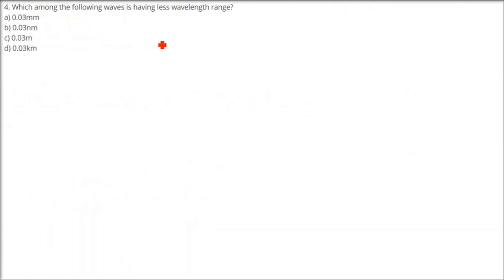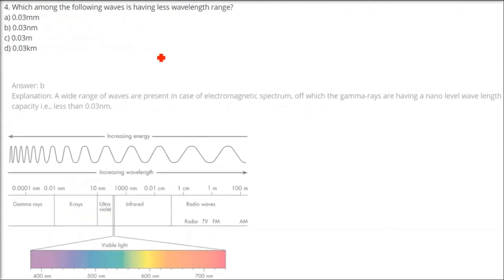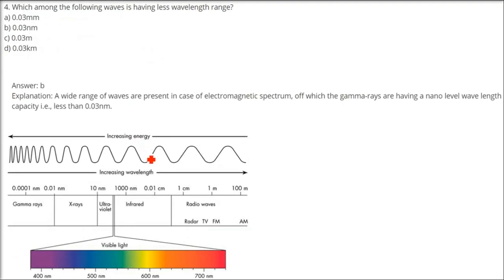Which among the following waves has the least wavelength range? I was trying to tell you earlier about the spectrum. Kilometer is a higher unit: 1 kilometer is around 1000 meters. Meter is 1 by 1000 of a kilometer.